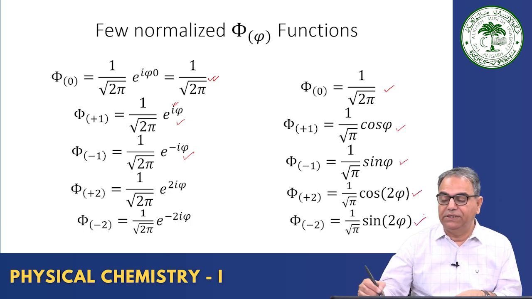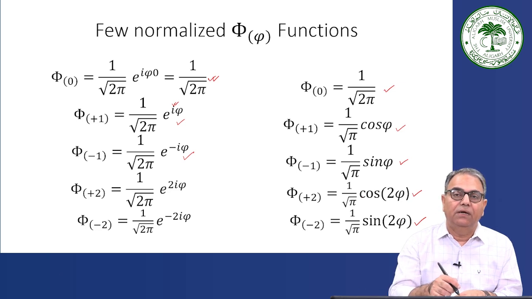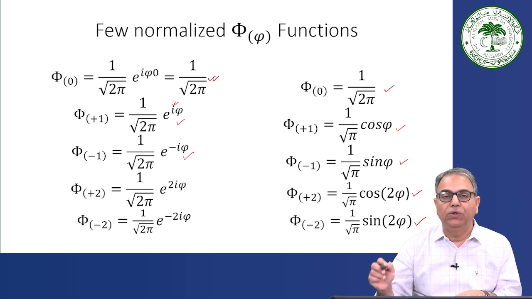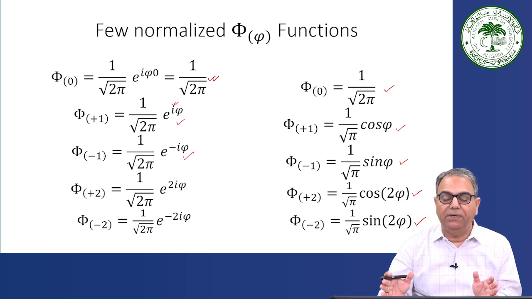This we did earlier also in one case, and we will be doing it again. You will come to know how we convert this imaginary function into real functions with trigonometric functions like cos phi and sin phi. So, a few normalized wave functions of the phi equation are these.